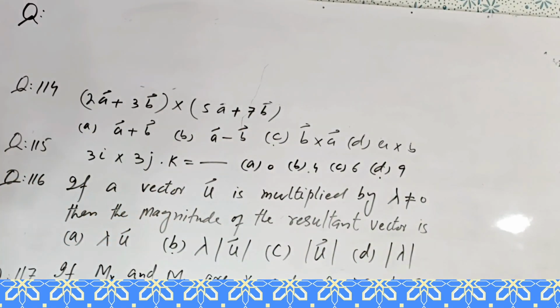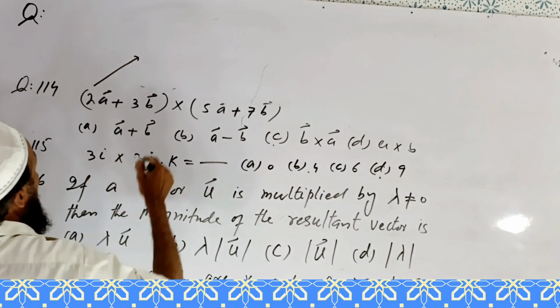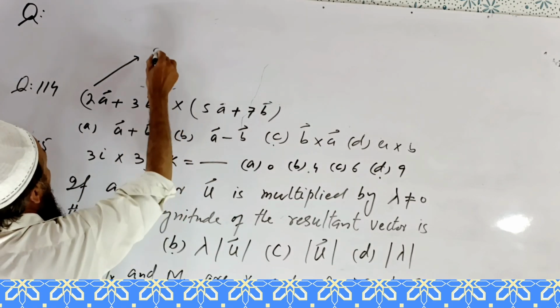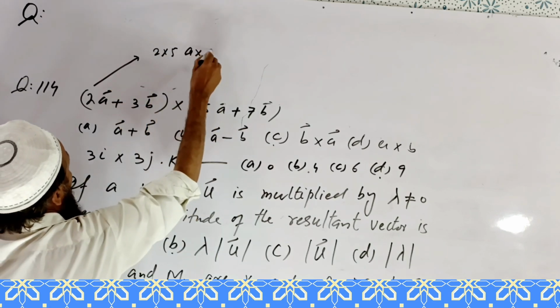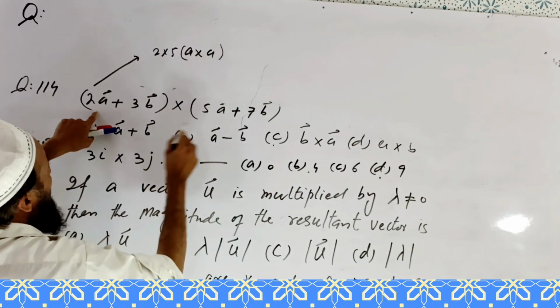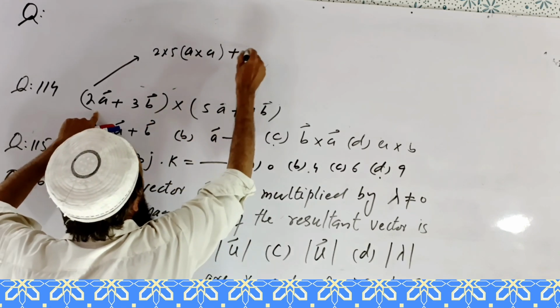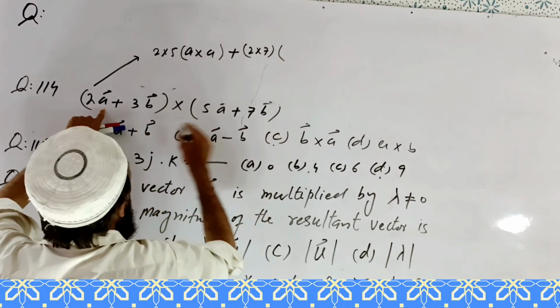Now given 5a plus 7b, we are using the cross product. So the cross product we can write 2 multiplied by 5, a cross a. Similarly plus 2 multiplied by 7, a cross b.